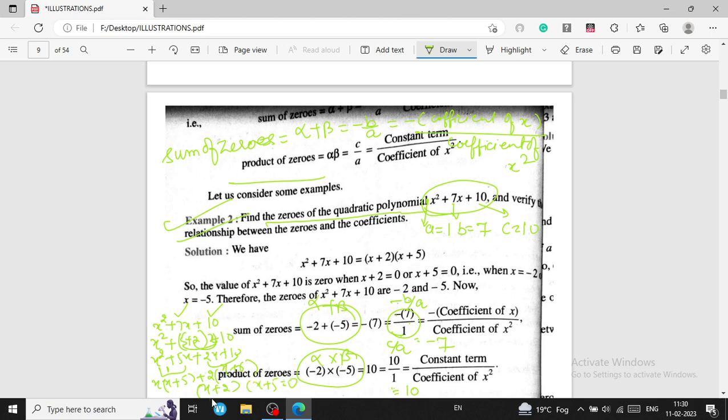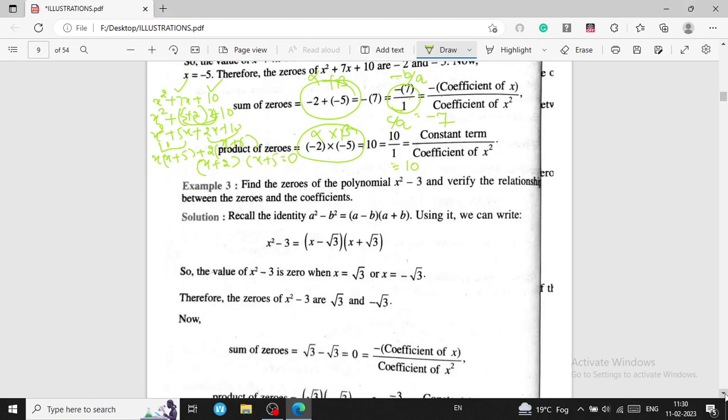When we find these two factors, we write them equal to 0, so that we can find alpha and beta. After this, you will find alpha is equal to minus 2 and beta is equal to minus 5.